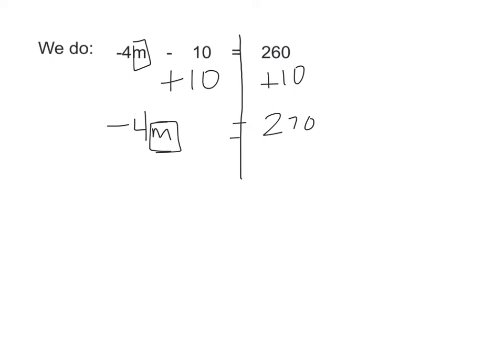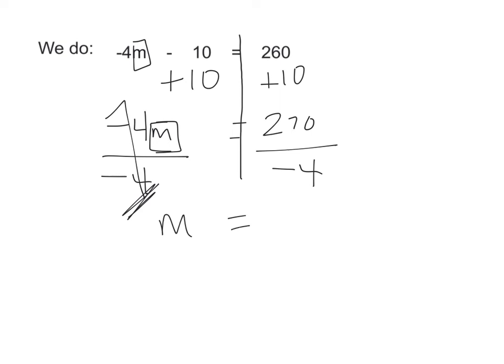I'm going to look to see, well, what's happening to m? m is being multiplied by -4. So I need to think about, what's the inverse of multiplying by -4? The inverse would be dividing by -4. So both sides I'm going to divide by -4. Well, -4m divided by -4 equals 1, so that would be a 1m.